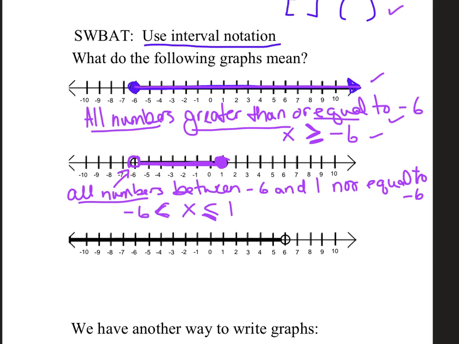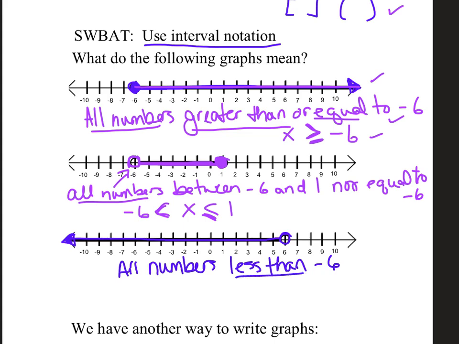This one has this whole thing colored in all the way up to -6, but -6 is not colored in. So again, it's the same idea: all numbers less than -6.